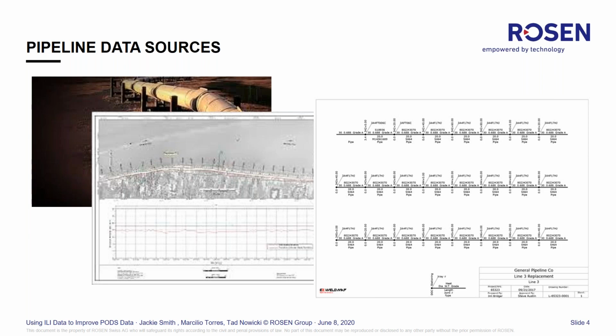However, once the pipeline is buried, very few options remain that do not require digging up the pipeline, excavation, which is expensive and introduces the risk of more external damage and health and safety issues. So it is another way that we can gather data after the pipeline has been buried.